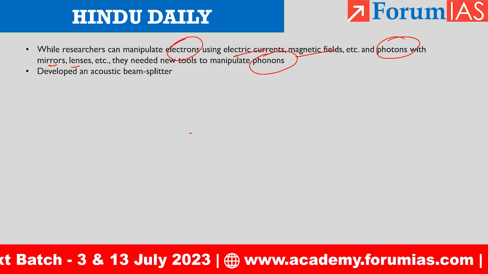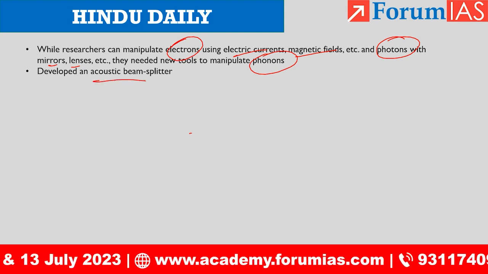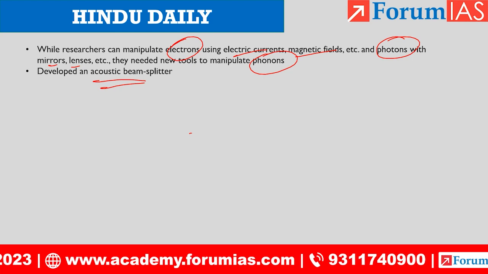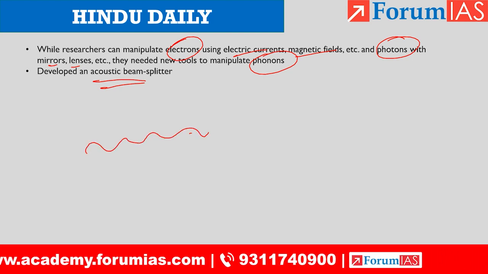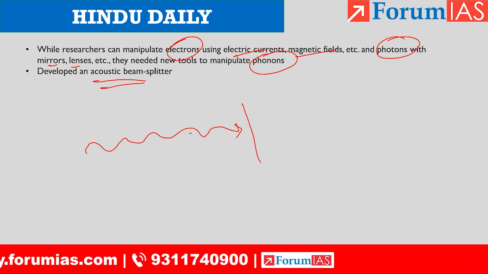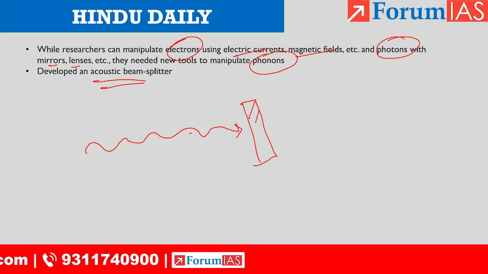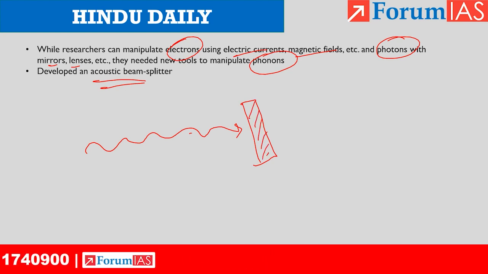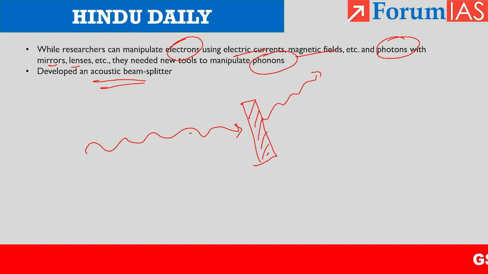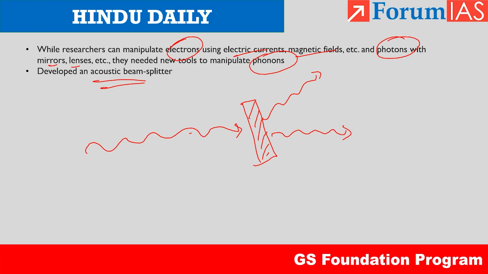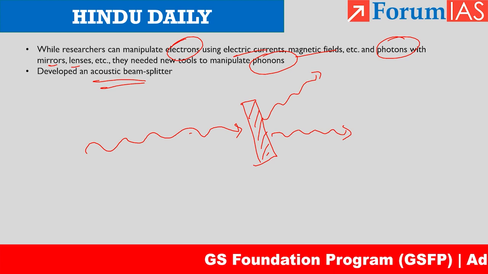So, scientists have recently developed an acoustic beam splitter. Let's say this is a sound wave, and it hits the acoustic beam splitter. Acoustic because this is a sound wave, and this is a beam splitter. It will split the same wave into two. In this way, we can manipulate the phonon.